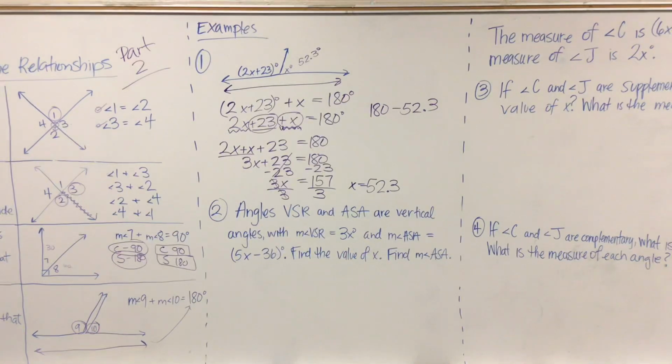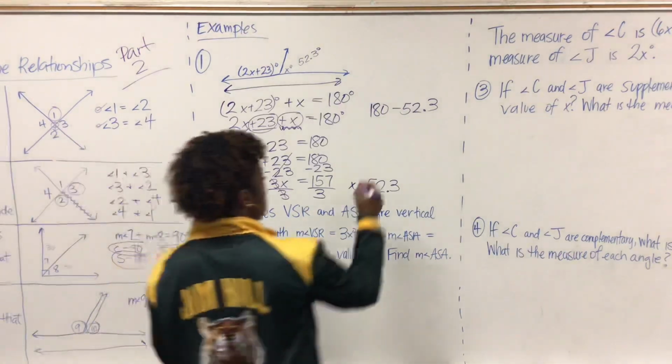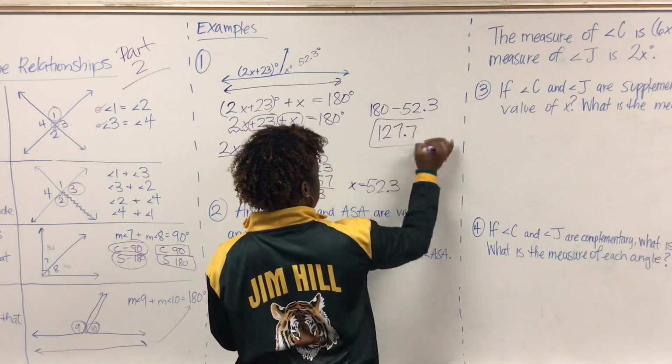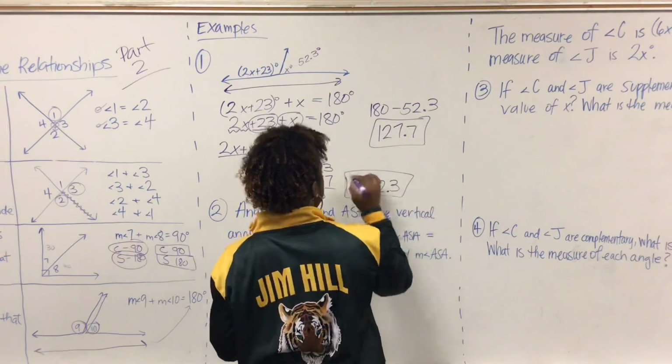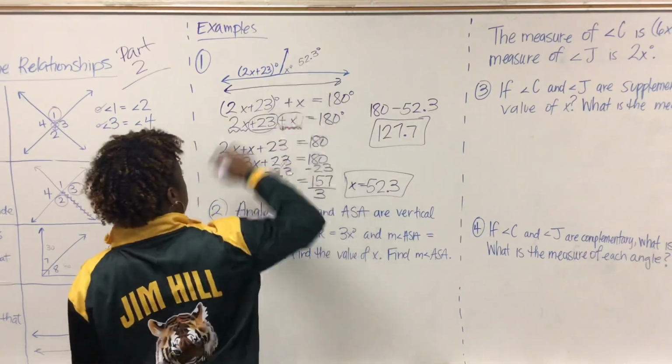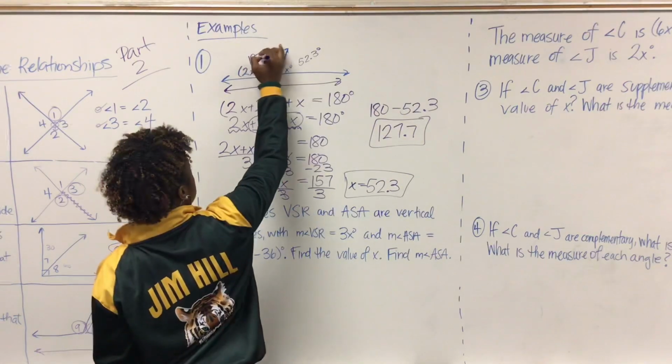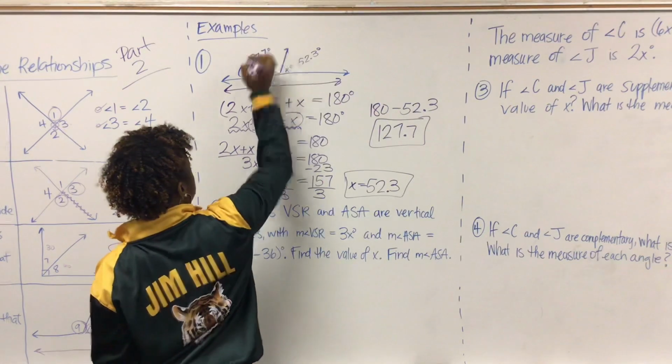So that's 180 minus 52.3. That gives me 127.7. So I found two values. I found the value of x, which is this angle, and then I found the value of this other angle.